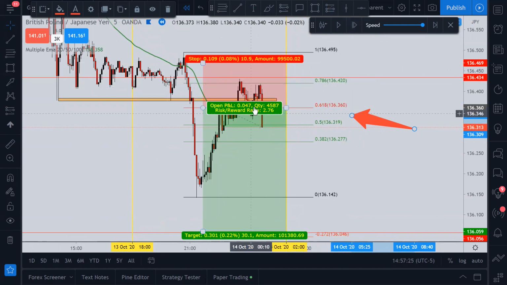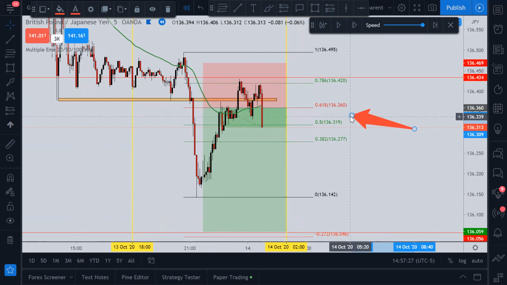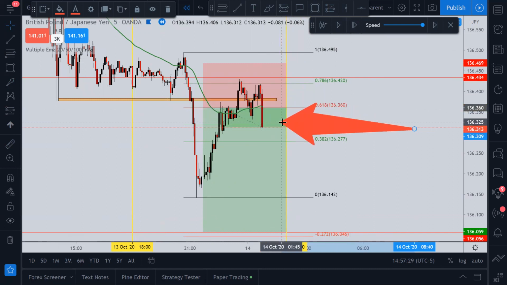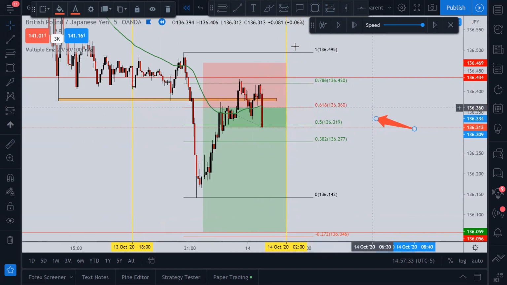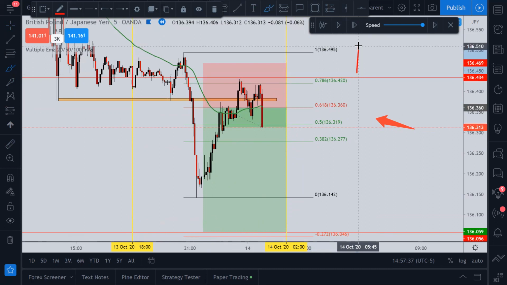We have an M pattern. Now, what I like about M patterns is, when you have an M pattern, what usually happens is it creates the M, and what we look for is a test of the neckline and a continuation of the trend.